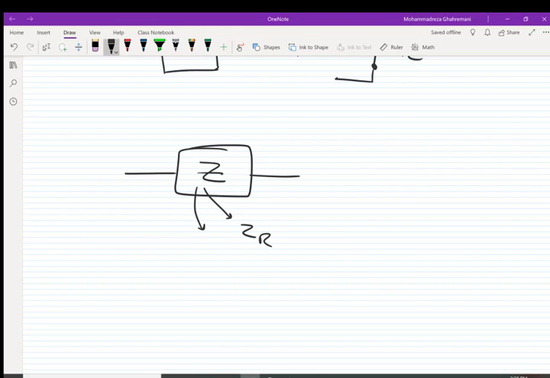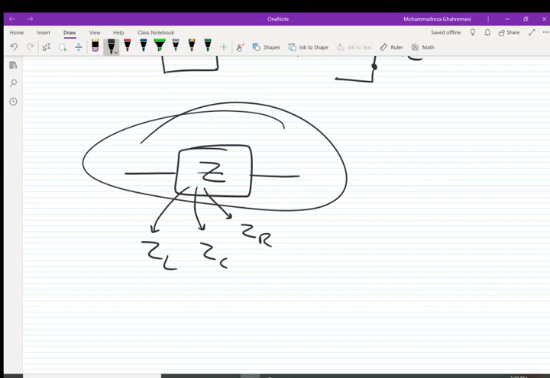If it is a capacitor, it's ZC. If it's an inductor, it's ZL. So we can show all AC elements with the symbol Z and a rectangle shape, and Z means this is an AC element.